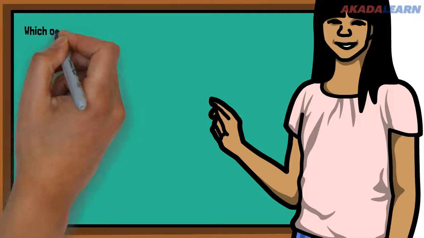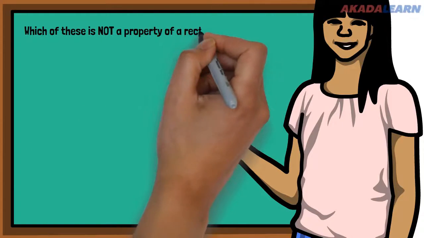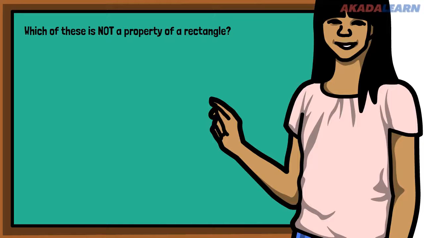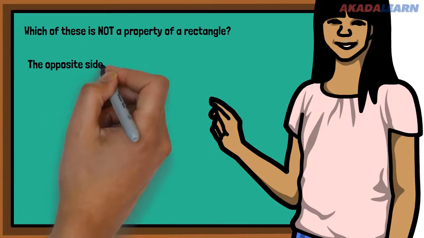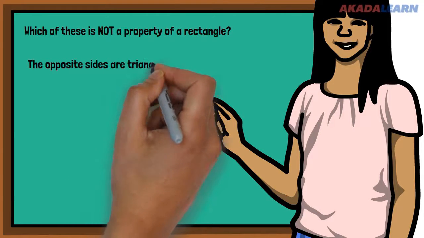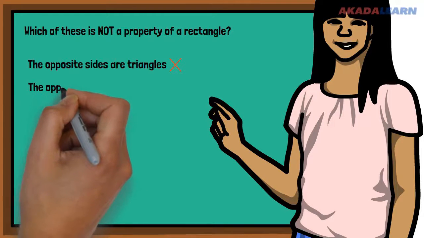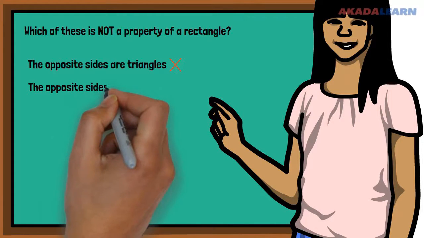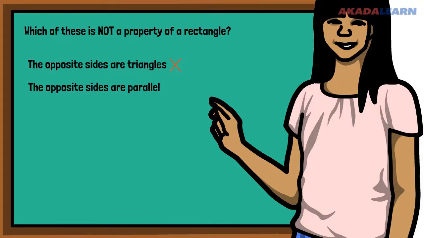So next question: which of these is not a property of a rectangle? Let's look at the first one. First one says the opposite sides are triangles. But is that correct? No. Next is the opposite sides are parallel. Is that correct?